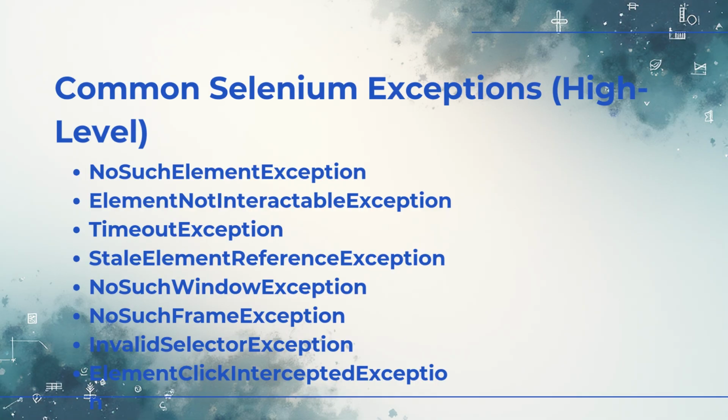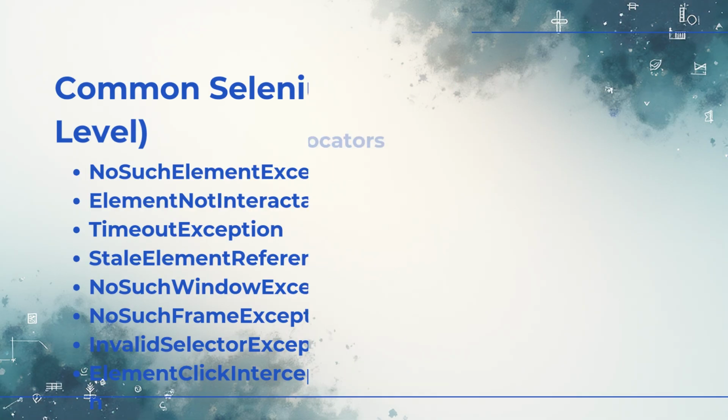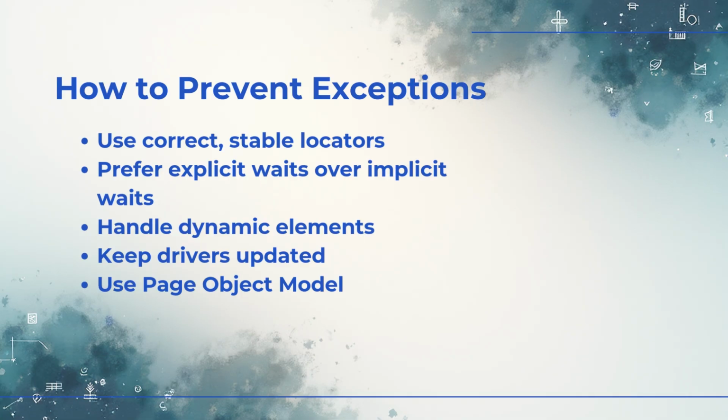How to prevent exceptions? To reduce exceptions in your script, use strong and stable locators. Avoid fragile XPaths when possible. Use explicit waits instead of hard sleeps. Handle dynamic elements and slow operations very carefully.